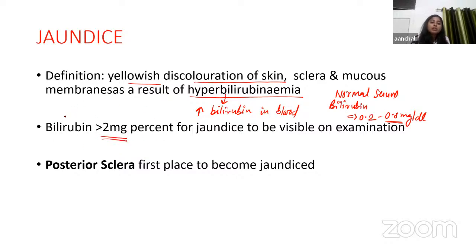So whenever bilirubin is more than 2 mg per deciliter, jaundice becomes visible on examination, and the first symptom that appears is yellowish discoloration of skin, sclera, and mucous membrane. The first place that becomes jaundiced in these patients is the posterior sclera. This is the first symptom shown by the patient suffering from this disorder.